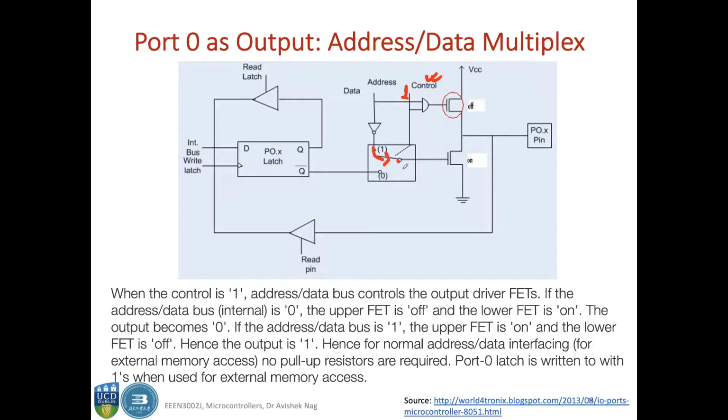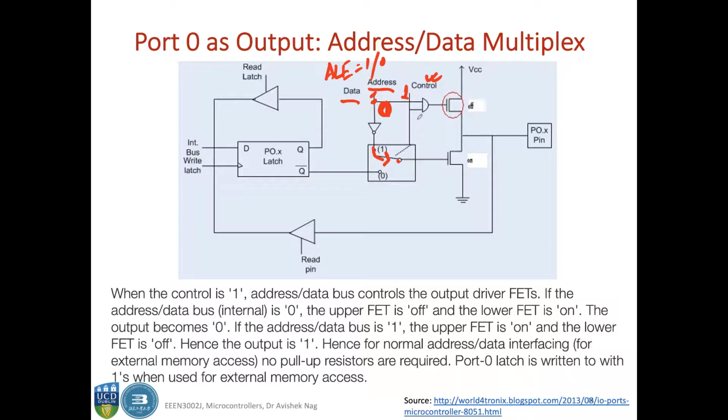Okay, so whatever be the value here in this bus, it can be an address or a data depending on whether your ALE is 1 or 0. Okay, so let's imagine that this point is 0.